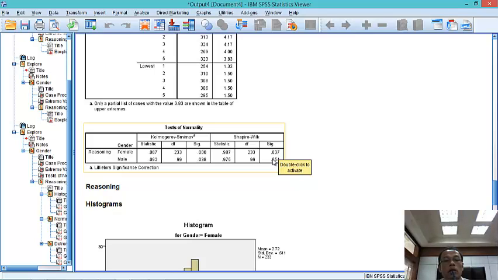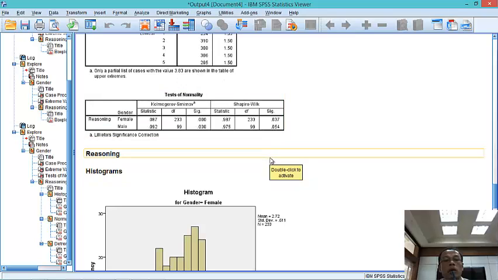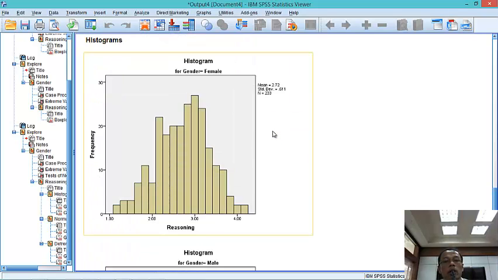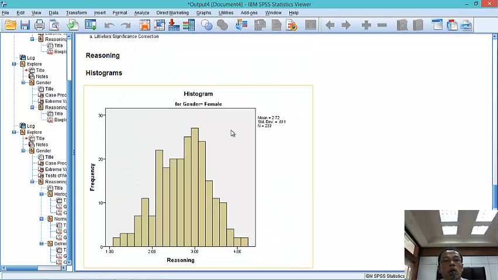For the second group, the male group, the significance is higher than 0.05. That means the data have a normal distribution.